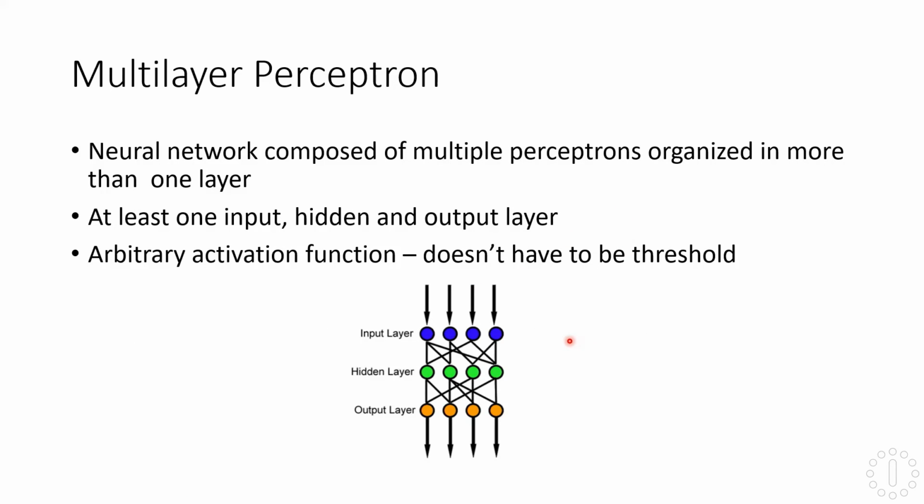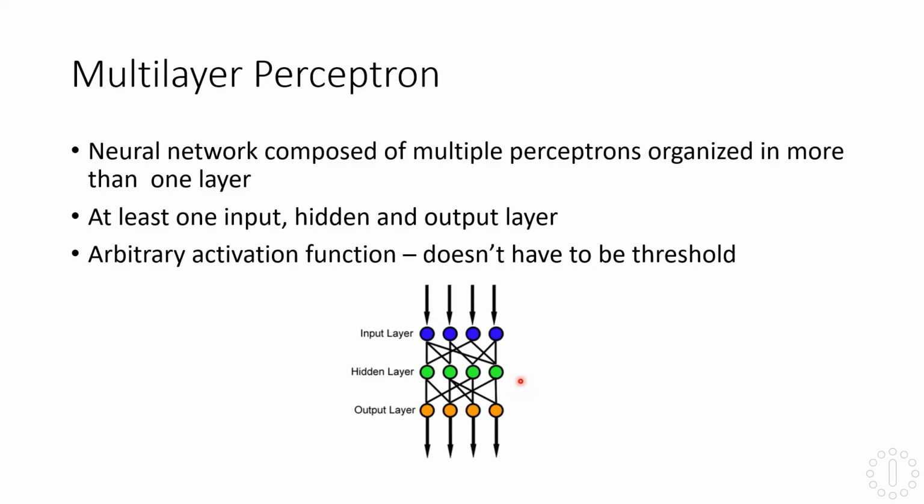So let's see what a multilayer perceptron looks like more generally. A multilayer perceptron is a neural network which is composed of multiple perceptrons, as we saw, organized in more than one layer. So at the very least we need to have one input layer, then one hidden layer. Each neuron in the input layer is connected to the neurons in the hidden layer.